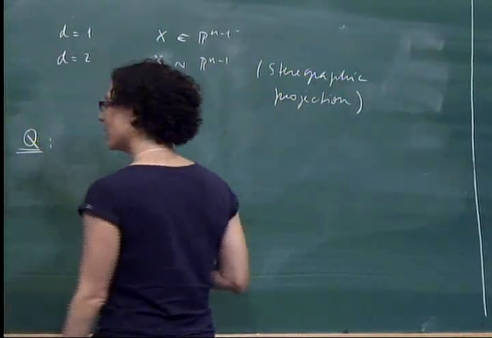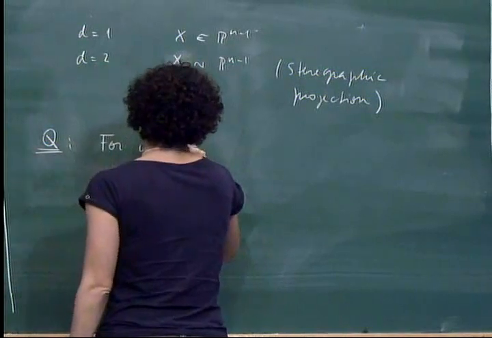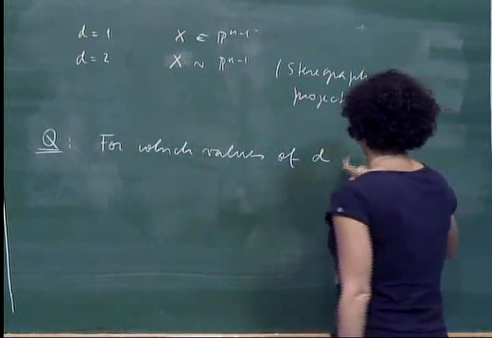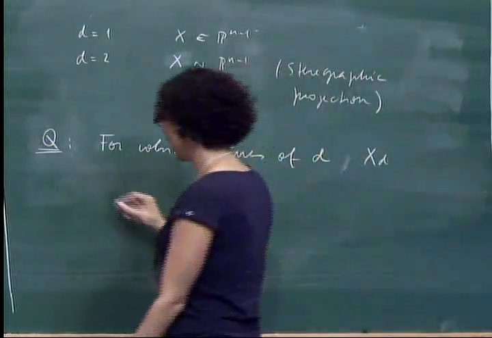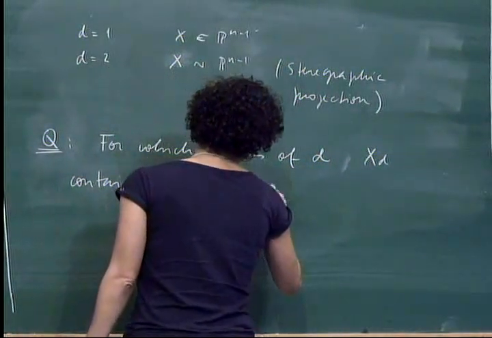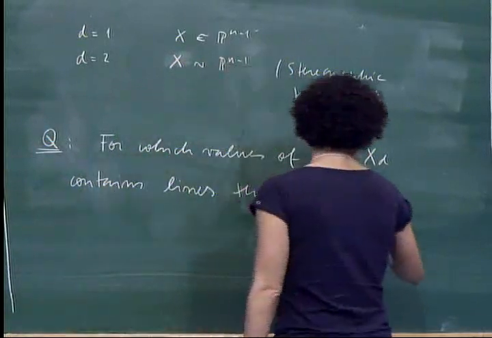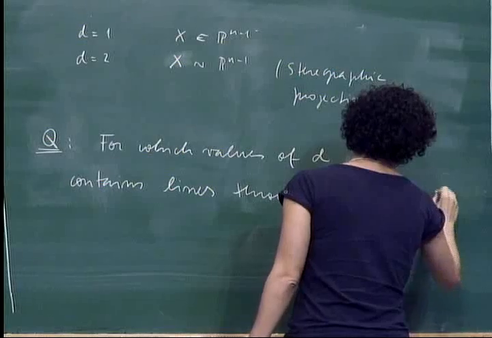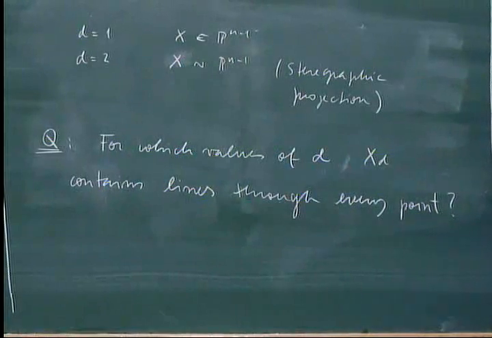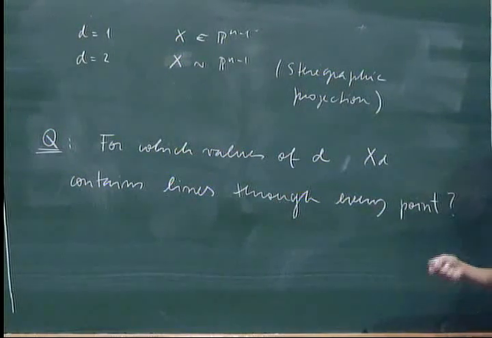The question is, for which values of d does X_d contain lines through every point? Okay, and this can be answered really by computation.